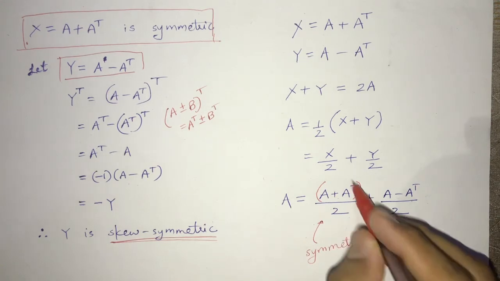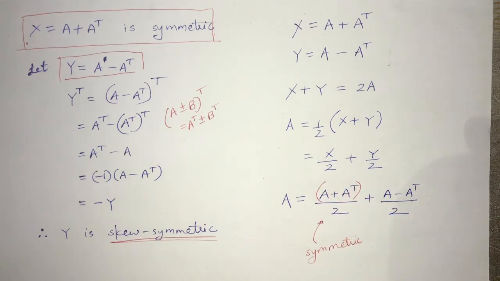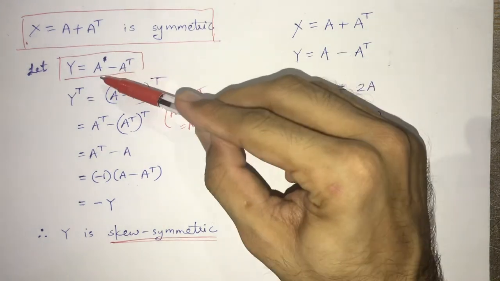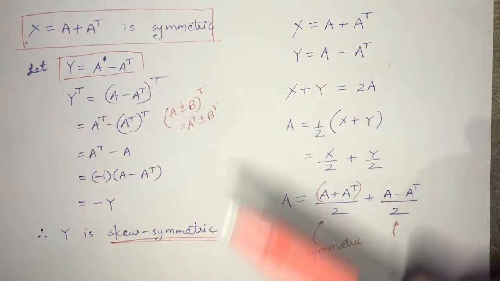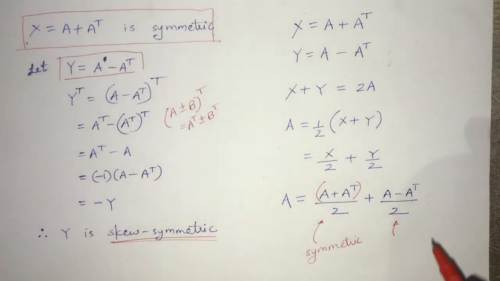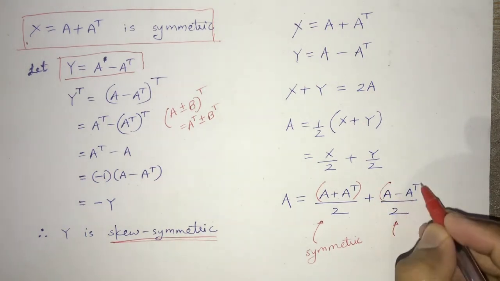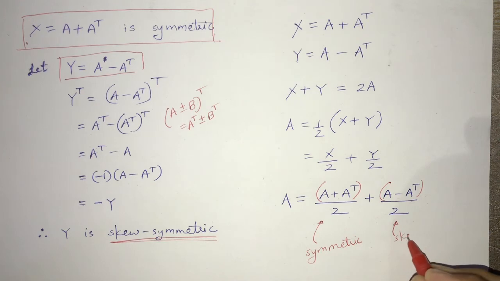You can take the transpose of this matrix and you'll get the same. Here, if we take the transpose, it gets reversed. See here, A minus A transpose, if I took Y transpose, then the negative sign comes. So A minus A transpose is skew symmetric, right?